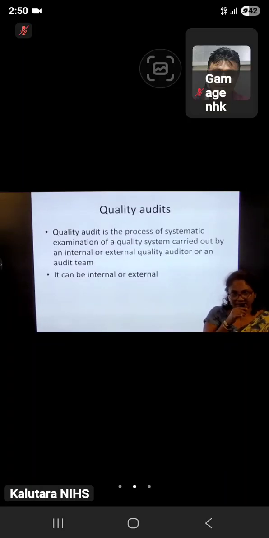It is a systematic examination. That quality audit may be internal or external. What do you mean by that? Internal means the own people in the laboratory. External means people from outside the laboratory.